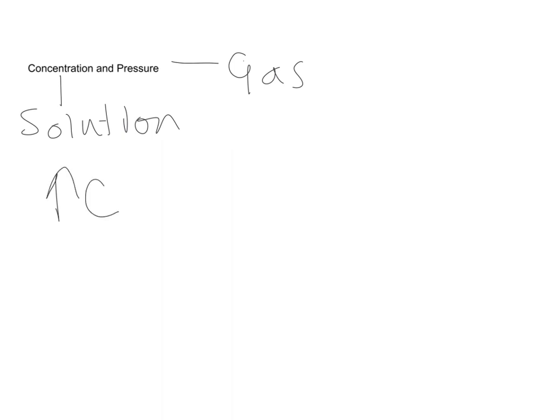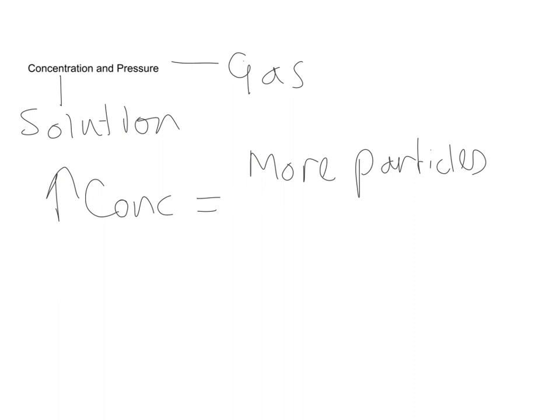I've put concentration and pressure together because they are very similar. With concentration, we're obviously talking about solutions, and with pressure, we're talking about gases, okay? But they have the same effect. By increasing the concentration of a solution or increasing the pressure of a gas, what we're really saying is that there are now more particles in a smaller volume, or in the same volume perhaps if you're just increasing the concentration.